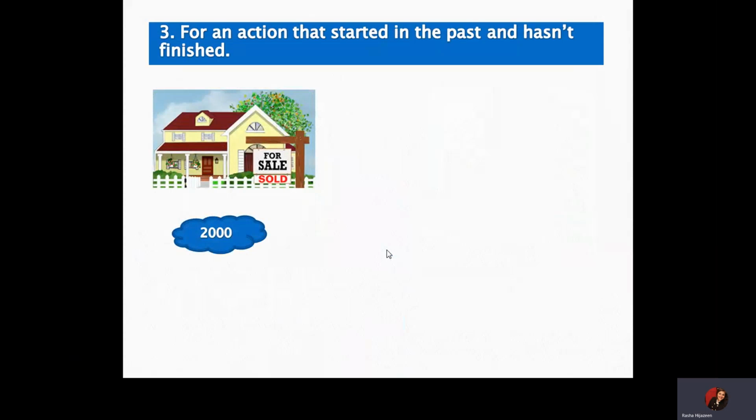Let's check the example. Oh, we have a house here for sale from 2000. Yes, from 2000. And we have people here who bought the house. We see a man giving them a key, right?